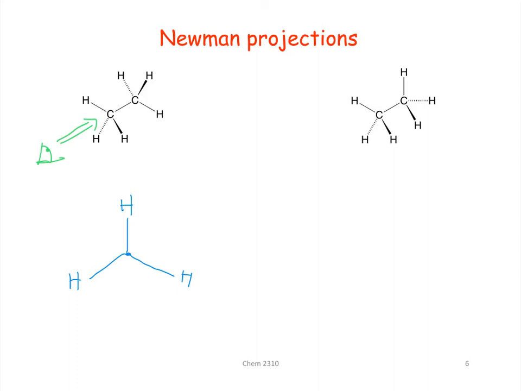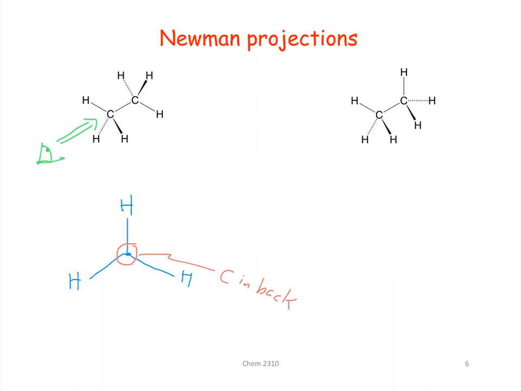Now, because the carbon in back is hidden behind the one in front, we're going to cheat a little bit. I'm going to draw this in a different color, and the carbon in back we're going to draw as a circle. Okay, so this is the carbon in back. Let me label it afterwards.